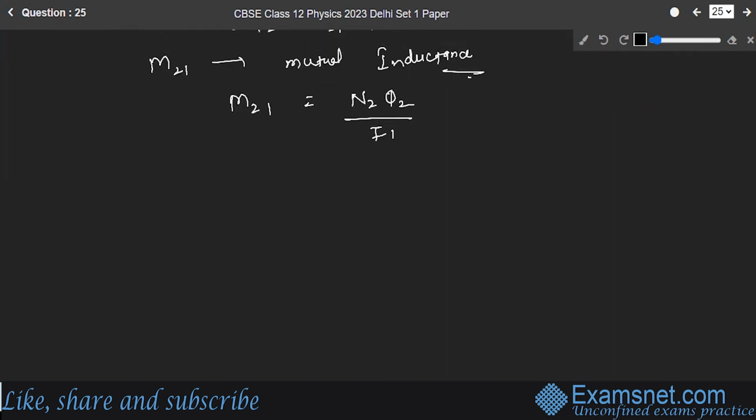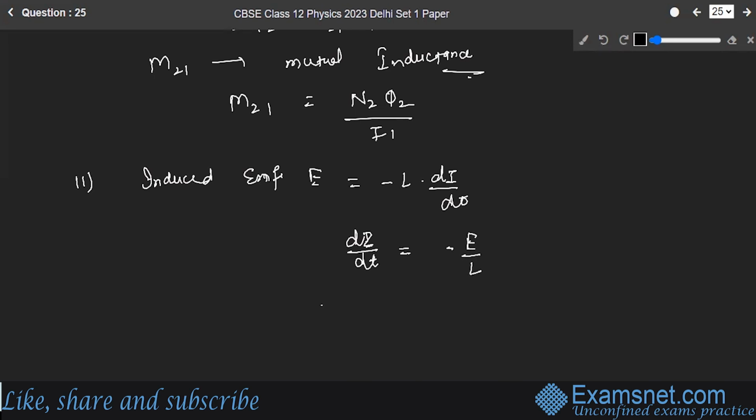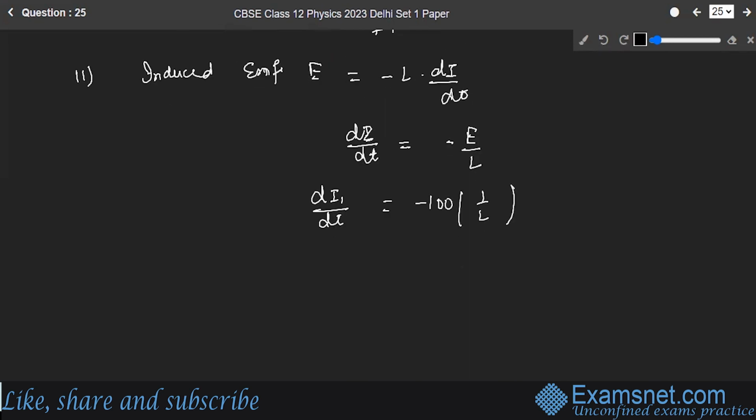Induced EMF is given by E is equal to minus L di upon dt, so di1 upon dt is equal to minus E upon L, which is minus 100 upon L. Here L is the inductance of C2.